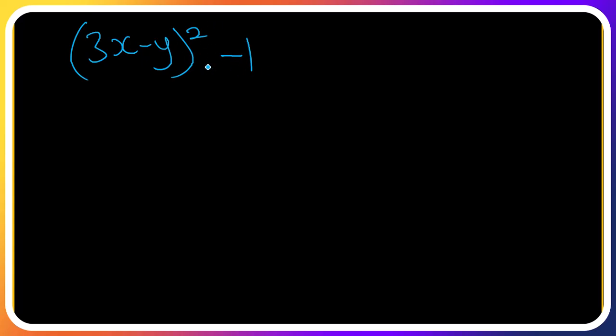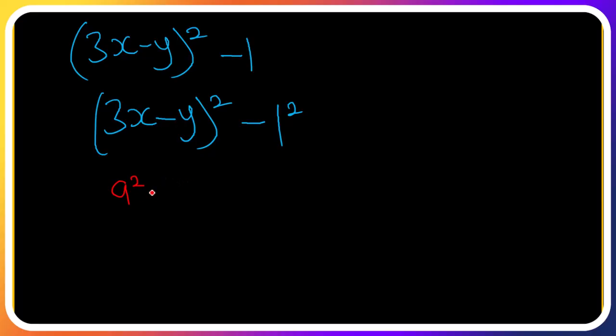So this same expression can be written as 3x minus y squared minus 1 squared. So if we recall, anytime we have an expression of this sort, a squared minus b squared, this same expression is written as, in brackets, a plus b, a minus b.